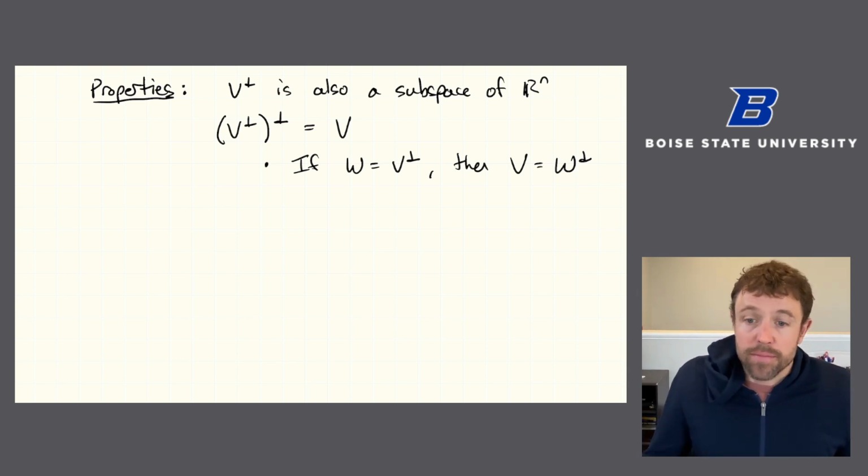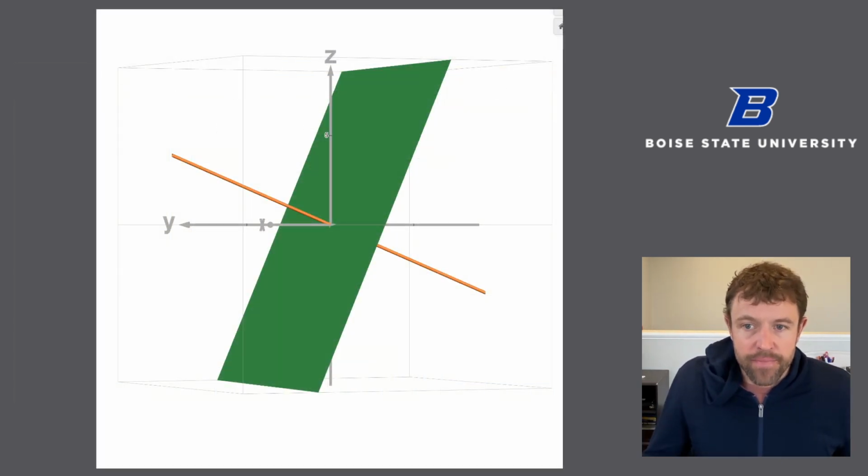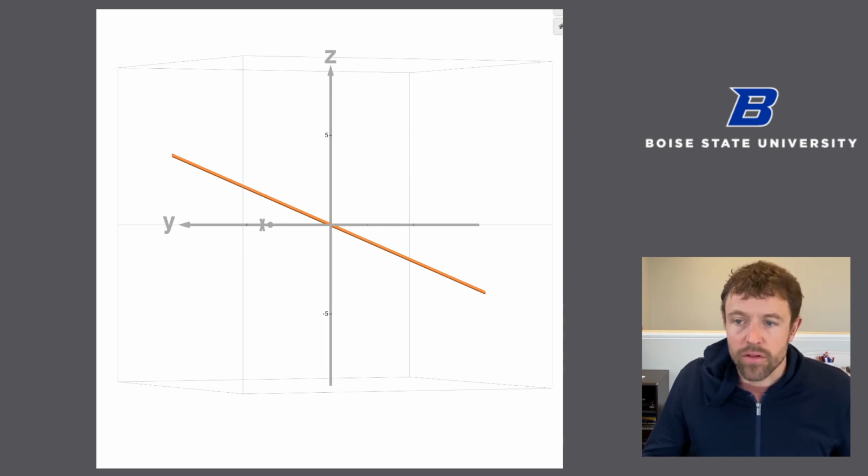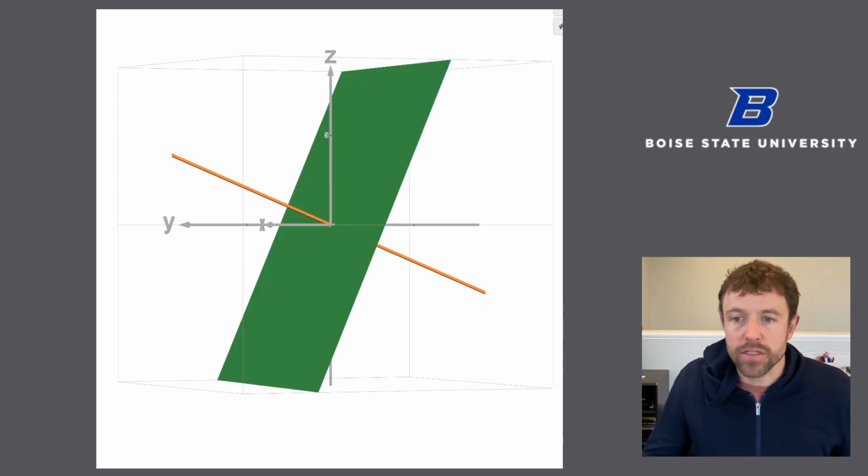Some things that I noticed but I didn't explicitly say. You can think about the R3 situation and convince yourself that if your original space is two-dimensional, your orthogonal complement is going to be one-dimensional. And if your original space is one-dimensional, then your orthogonal complement is going to be two-dimensional.